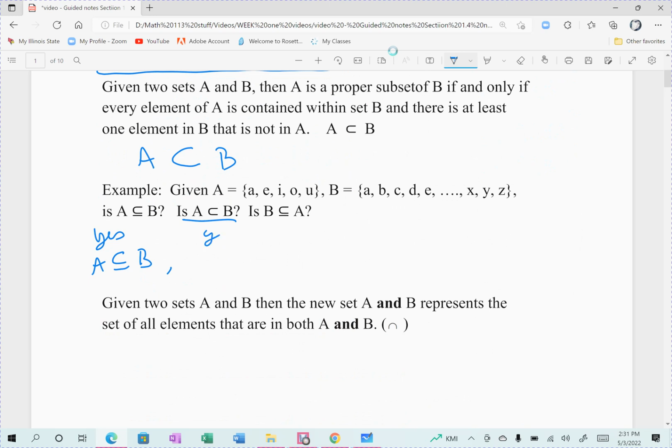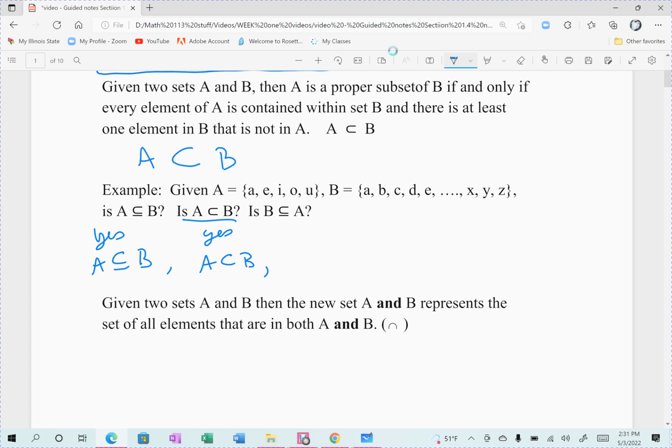Yes, A is a proper subset of B, because if I were to draw the circles, the vowels fit within. Basically you would have circle B, which would be the entire alphabet, and then circle A would be the vowels, and everything outside of A would be consonants. And so it would fall in the definition of a proper subset.